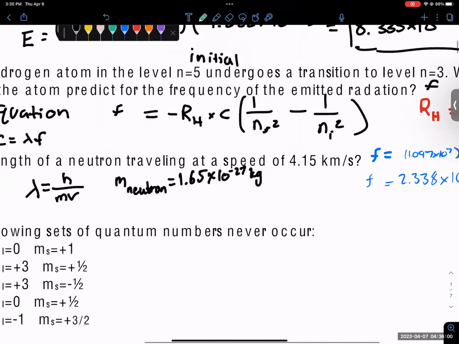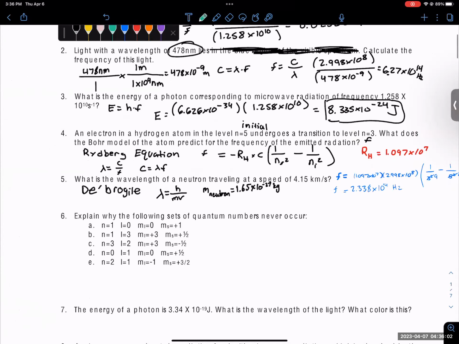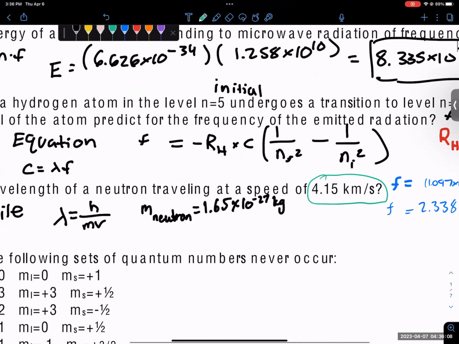All right, so what is the wavelength of a neutron traveling at a speed of 4.15 kilometers per second? We have all the things necessary to solve for a wavelength. We know what Planck's constant is. Can somebody tell me the value for it? A certain number all of you should memorize.